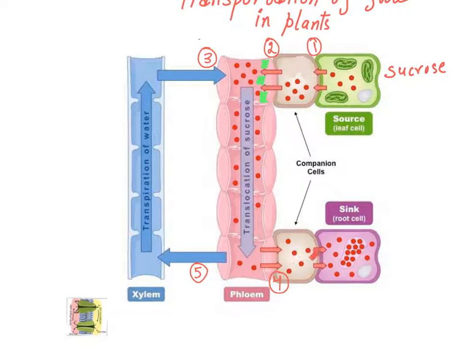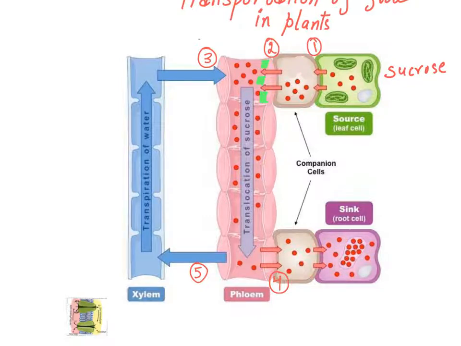And from the companion cell it enters into the root cell, because here the food, the sucrose, will be stored. We know some roots we eat because they store food. You can tell some examples where we eat roots. Roots are the edible part of the plant. So here sucrose is stored in the root cell.